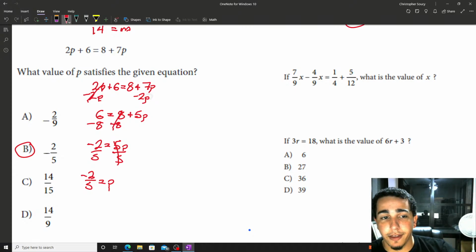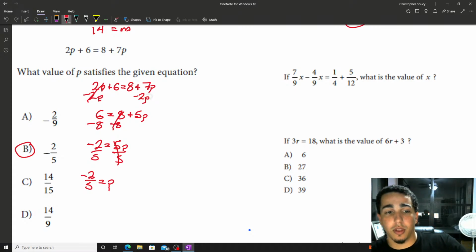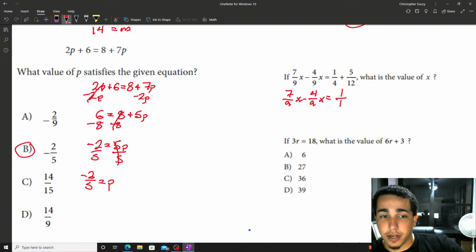For this next question, we have if 7 over 9 x minus 4 over 9 x equals 1 over 4 plus 5 over 12, what is the value of x? If you don't like fractions, then there is something that we can do in order to get rid of all of the fractions.